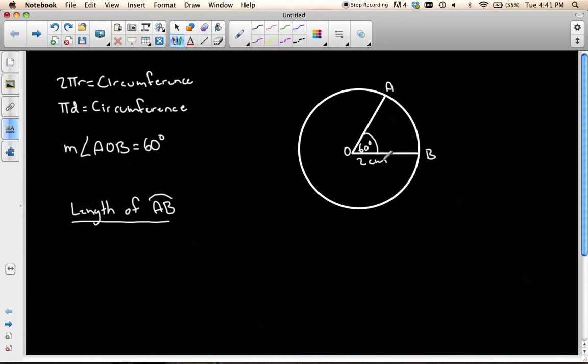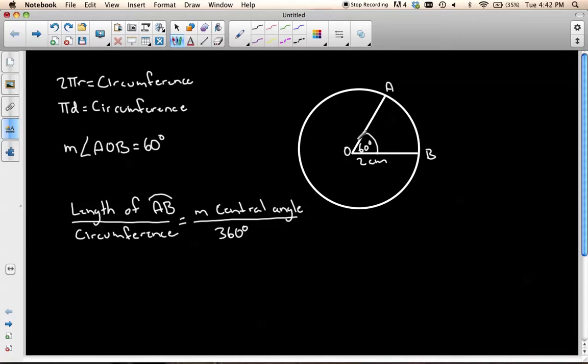But we do know that our radius is 2 centimeters. So we can work out what our circumference is. The way we figure out the length of the arc is, the length of our arc, in this case arc AB, over our circumference is equal to the measure of our central angle over 360 degrees, which is the total angles in a circle.